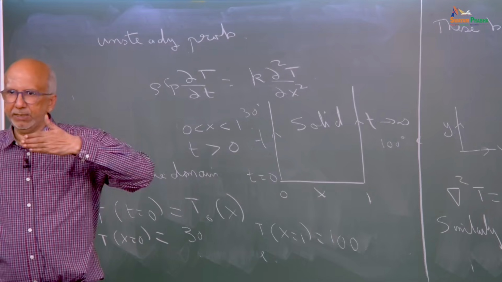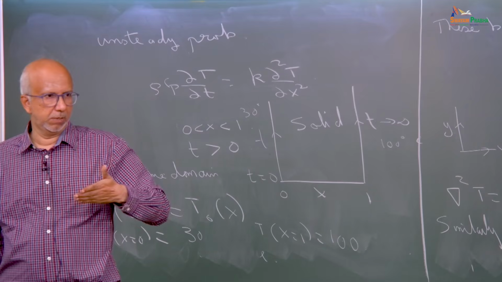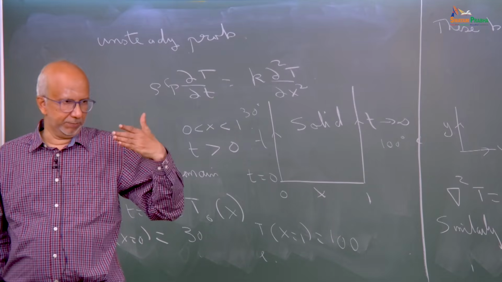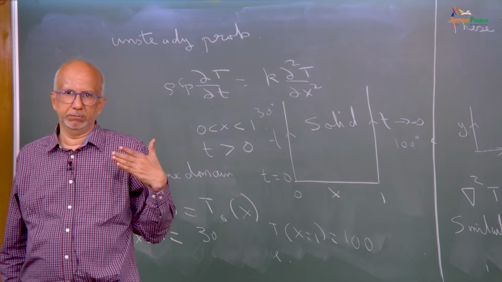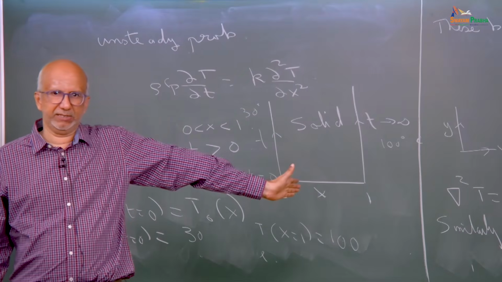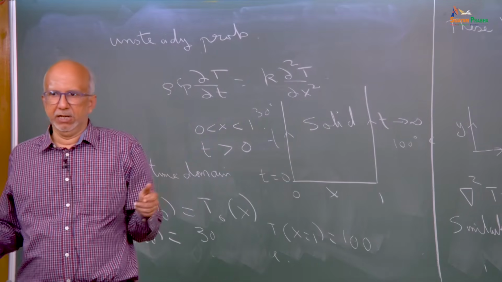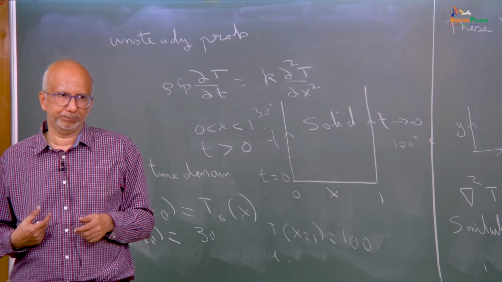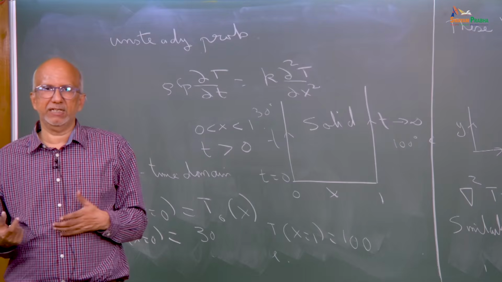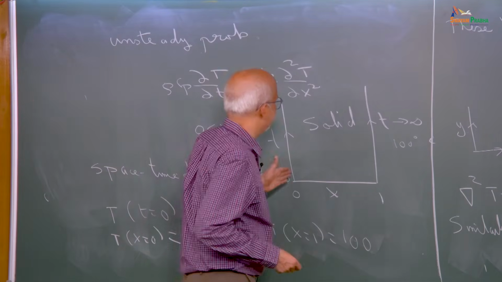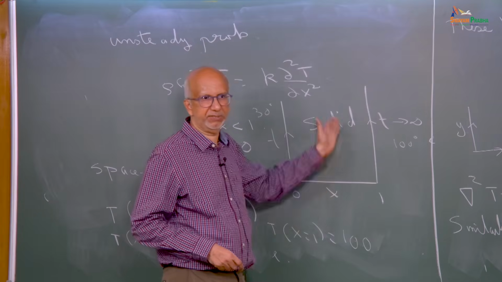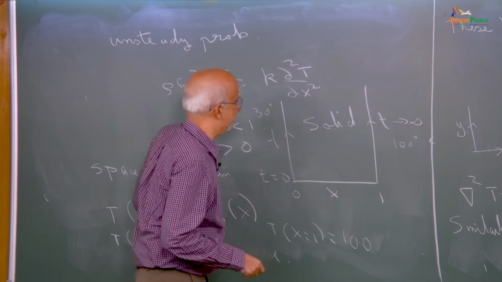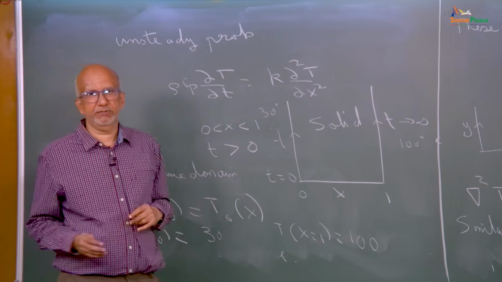If there is no heat transfer resistance in the liquid, then the temperature the wall is going to see is 30 degrees, and the temperature the wall is going to see on the other side is 100 degrees. So, physically it means your liquid is getting very well mixed. So, there is no heat transfer resistance, okay. And we are asking how does the temperature in the slab change with time and x. Initially it is at this temperature, how does the temperature change as a function of x and t.